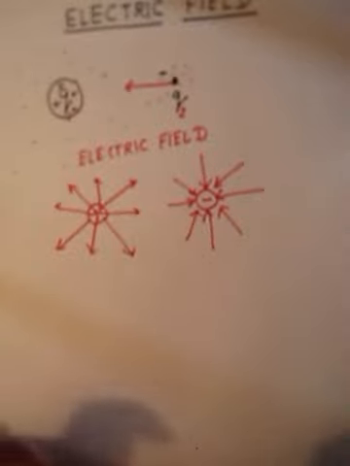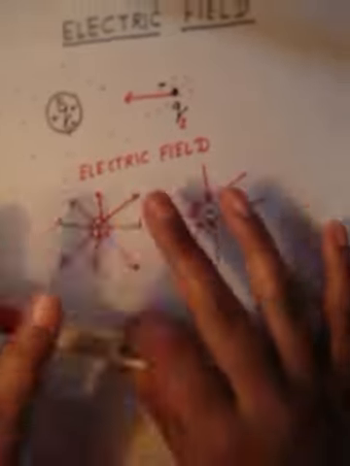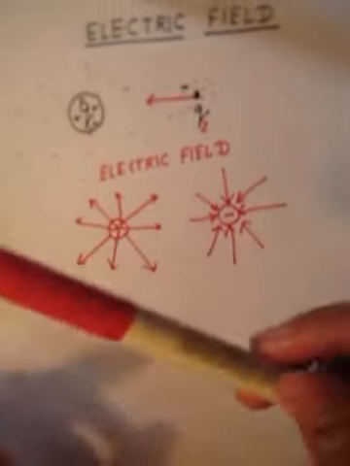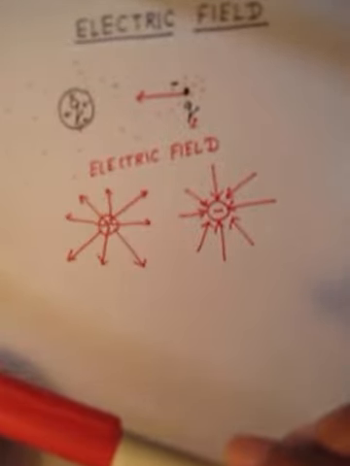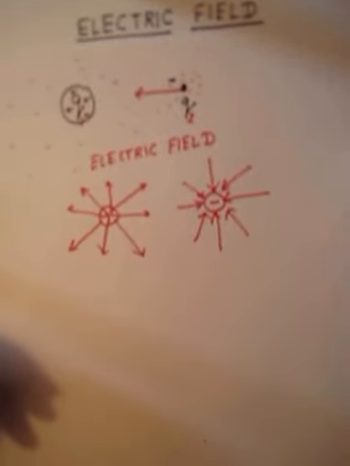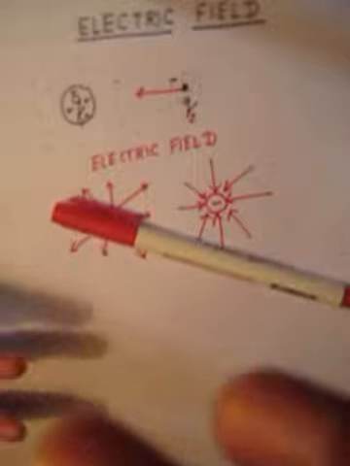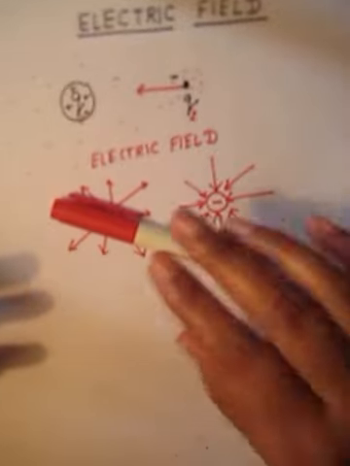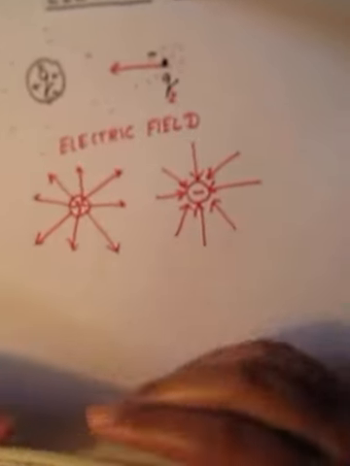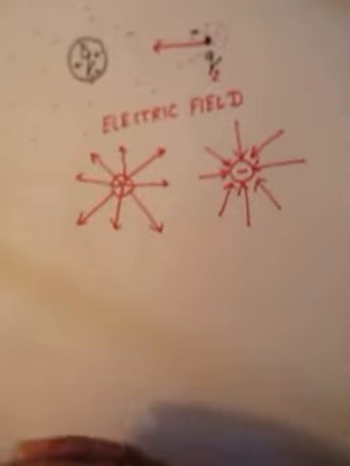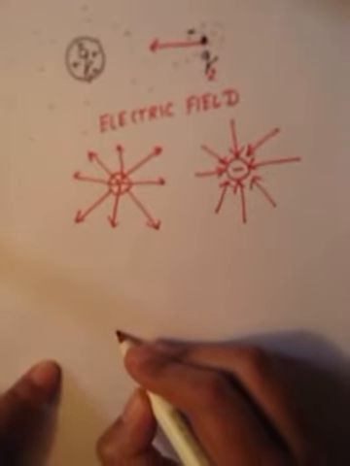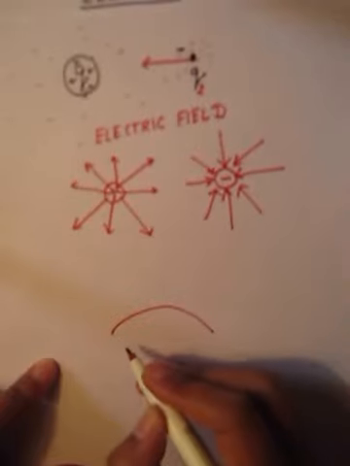It's similar to gravitational force. Like now we have Earth here and a small object. If I throw an object, I leave this object, it will fall towards the Earth. So it means that there is something around Earth. Let me explain it to you through this drawing.